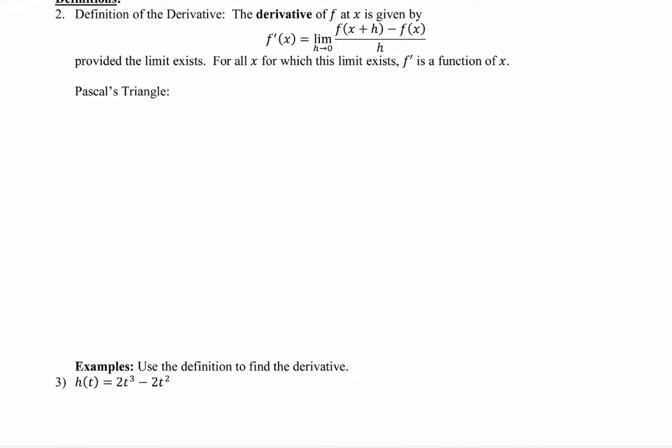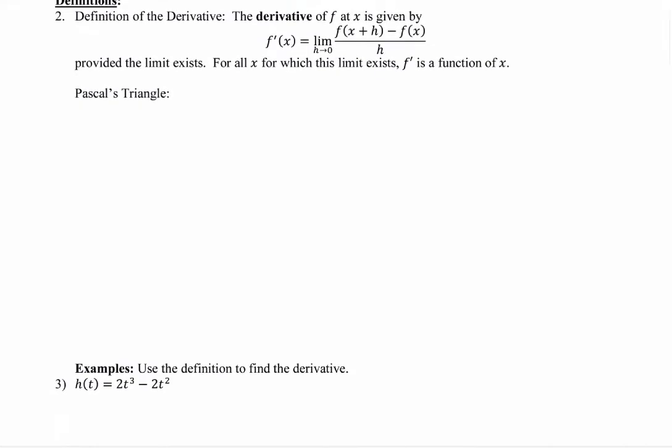So remember, Pascal's triangle tells us the coefficients of (x plus h) to the n. If I have x plus h to the 0, that's 1.